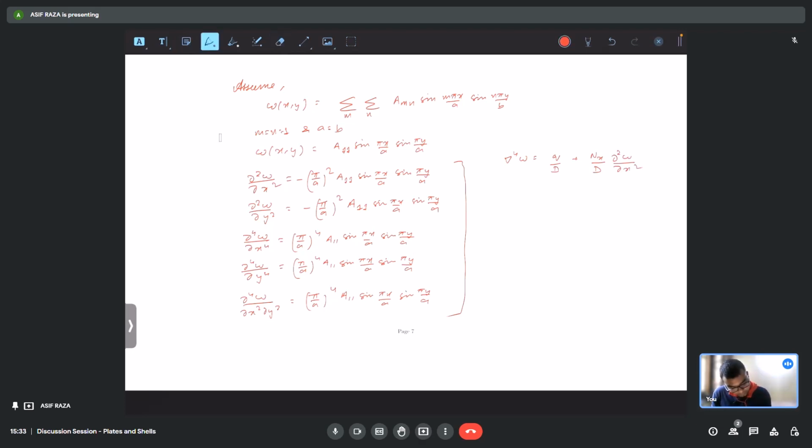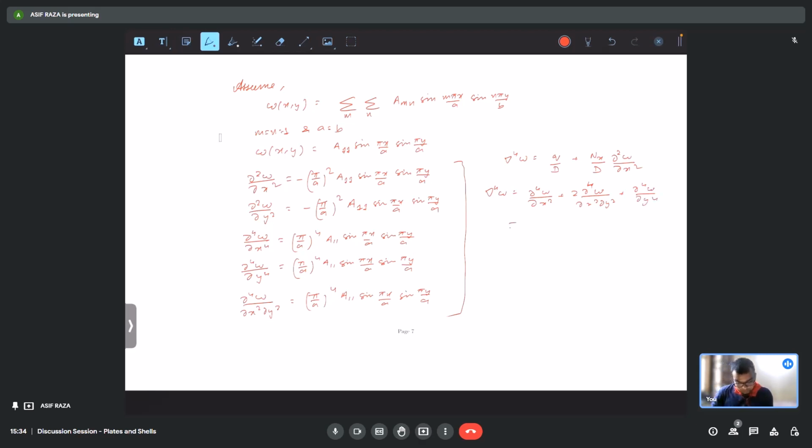Del power 4 w is del power 4 w by del x to the power 4, plus 2 del power 4 w by del x square del y square, plus del power 4 w by del y to the power 4.